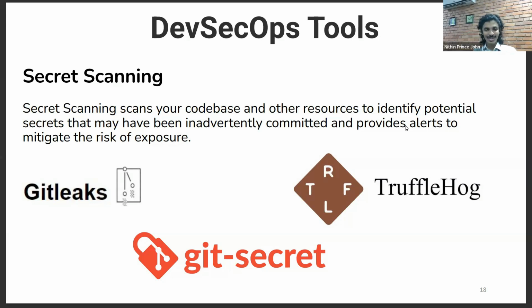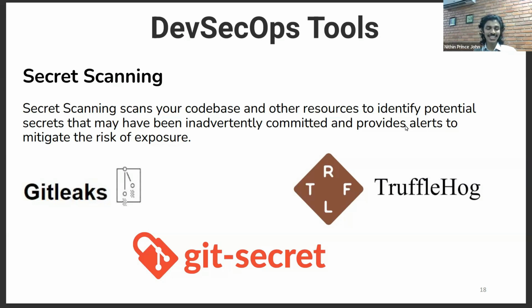Before including secret scanning tools in the pipeline, this needs to start on the developer's workstation. That means whenever we are working with IDEs, integrated development environments, we need to use different plugins. We can use pre-commit hooks. There are different secret scanning tools like Git leaks, Git secrets, and truffle hog.